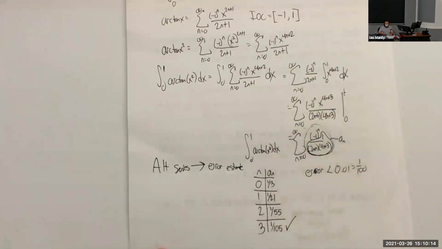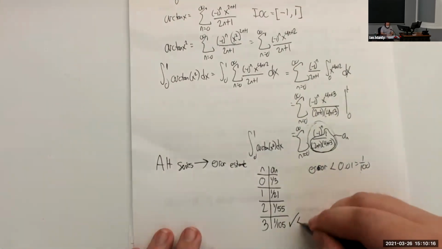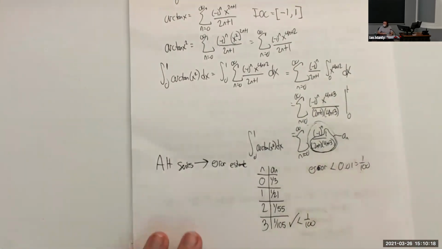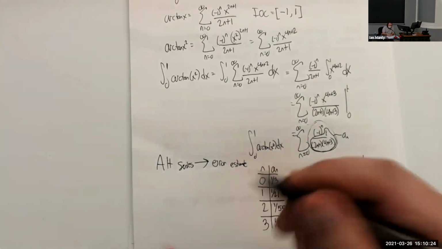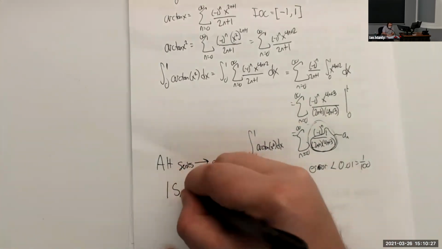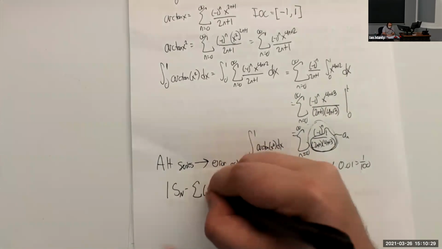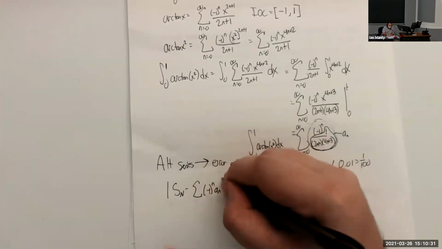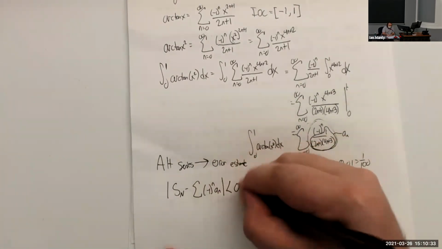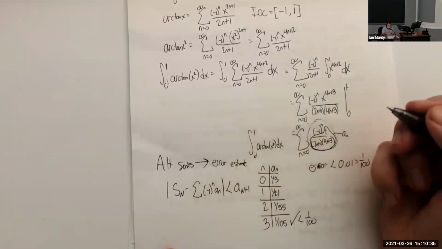All right, so we finally found a term that is less than our error tolerance of 1 over 100 right here. So what does that mean? Well, remember that the error estimate says that the difference between Sn and the true sum of our series is less than a_(n+1).